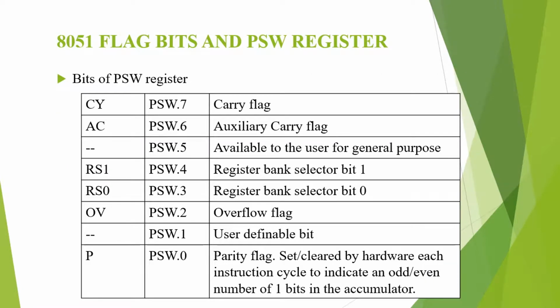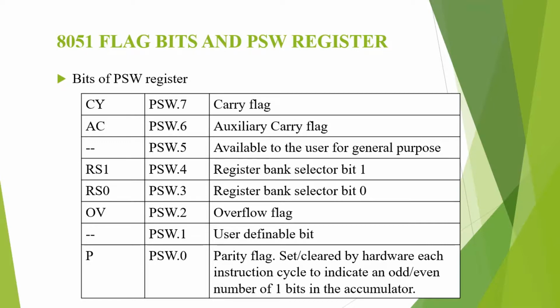We have the carry flag, auxiliary carry flag, register bank selector bit 1, register bank selector bit 0, overflow flag, and parity flag. PSW5 and PSW1 are unused bits, they are user definable, whereas the other 6 flags are used bits.